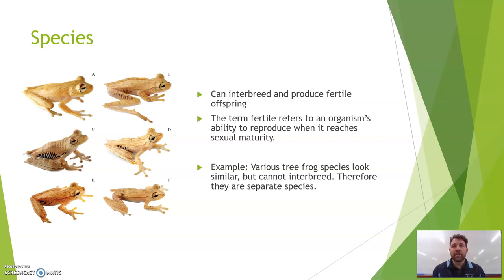So I'm going to go into a little bit more detail about species here. As I said before, they can interbreed and produce fertile offspring. What I mean by fertile is that the offspring can then reproduce itself when it reaches sexual maturity. Example, dogs.